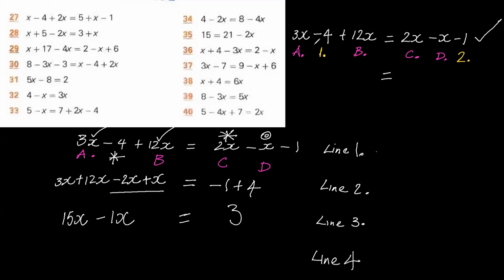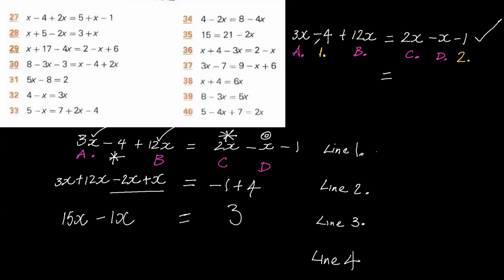Analia, now that you're using Mommy's phone, you should be able to talk as well. No, it's not harder. You have 15x and you have negative 1x. What do you do when you have 15x and negative 1x?